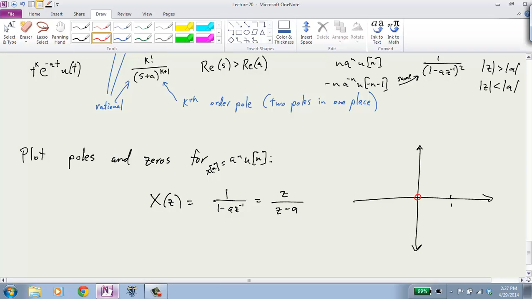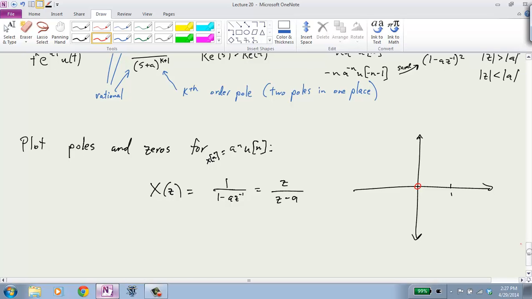All right, and where's the pole? z equals a. So a could be complex, so I'll put it up here. Pole. This is at z equals a.